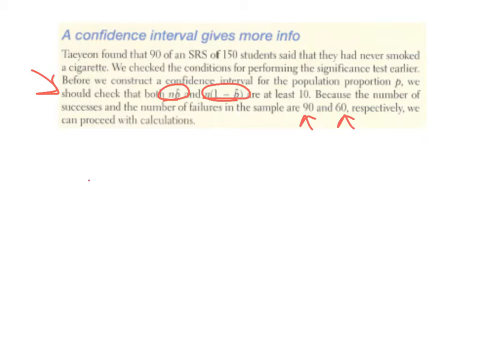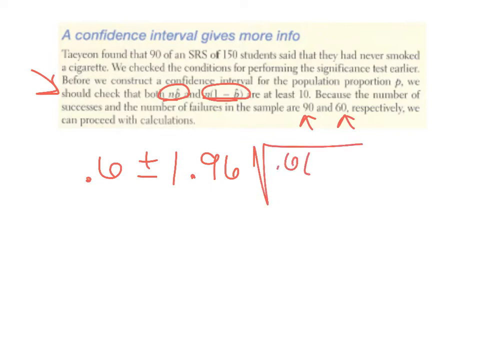So remember, I've got my sample proportion plus or minus my critical value of 1.96 times my standard deviation. Again, I'm doing a confidence interval, so you'll notice I'm using my sample proportions, not the null hypothesis proportions.